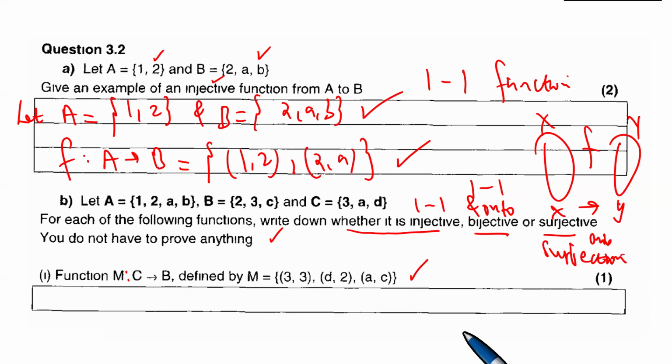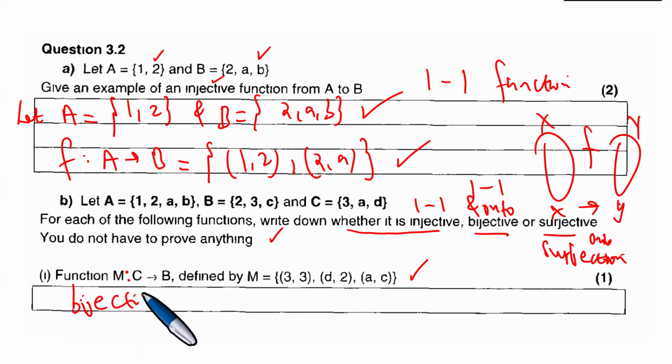You do not have to prove anything. All right, so looking at the function from C to B, defined by M, is it injective or not? We can see that this function is actually a bijective function. Let us take a look and understand why.